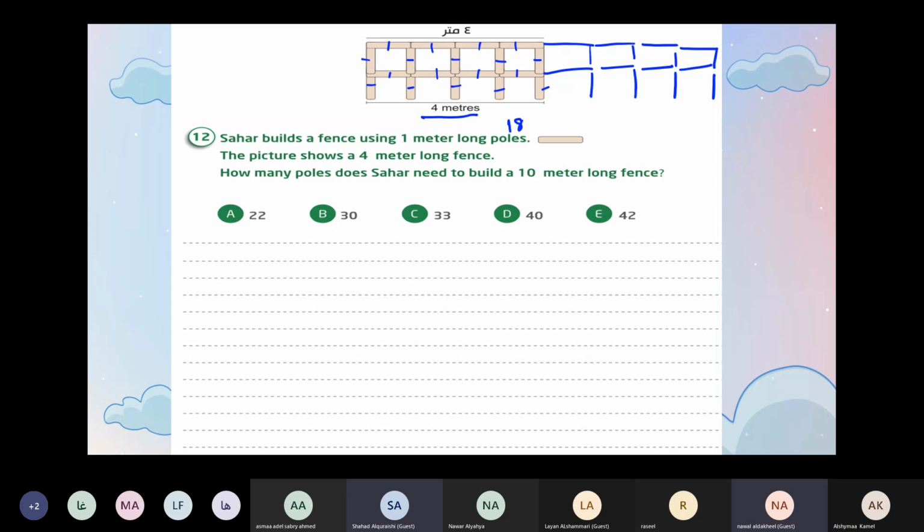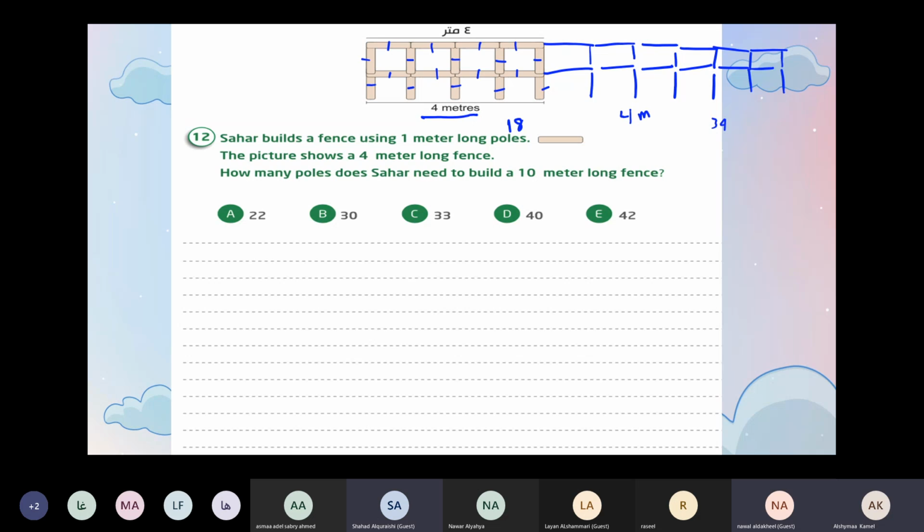It's 34. When I complete them to 10 meters, until here it will be 34. Here is 4 meters, and here 4 more meters. Complete them to 10. Wait a second. Okay, 34, 35, 36, 37, 38, 39, 40, 41, 42, 43, 44, 45, 46.